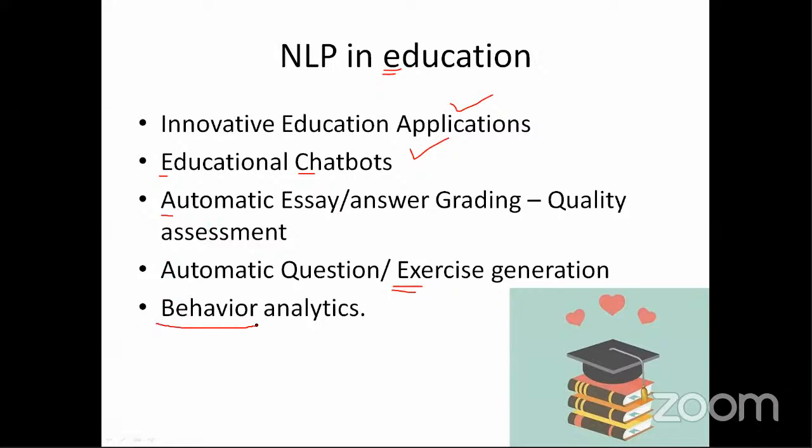Then behavior analytics, as I said, how the students are behaving and what kind of job they will get. We can analyze their answer scripts, their activities, and their mails. People in industry are using this behavior analytics. Whatever mail you send to your subordinates and managers is recorded, and from there they can understand your mental health.